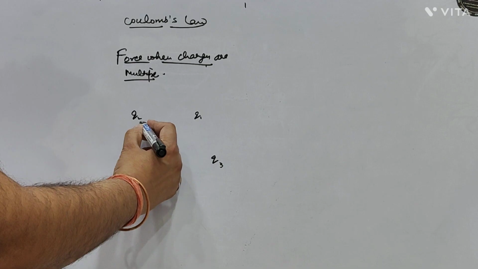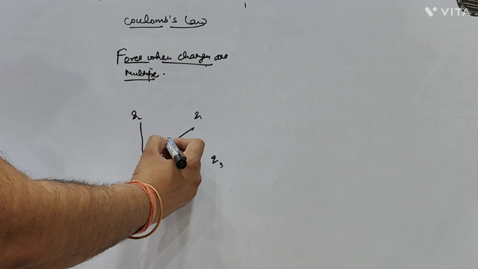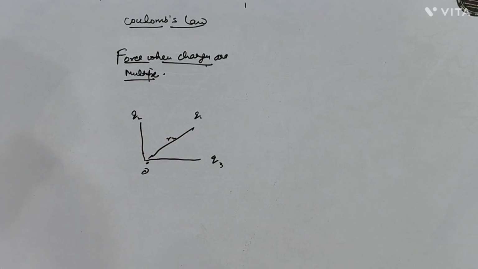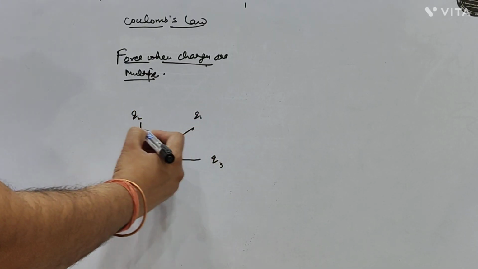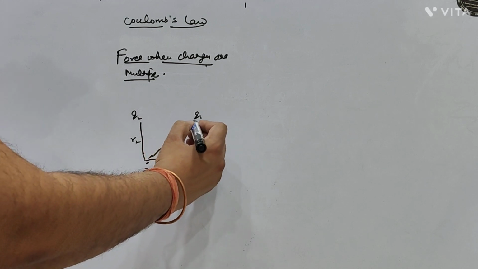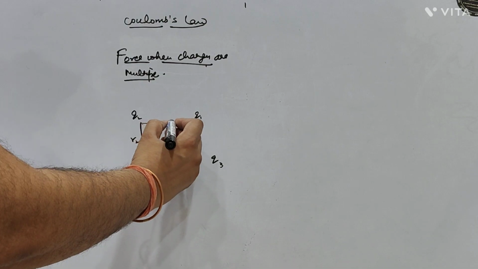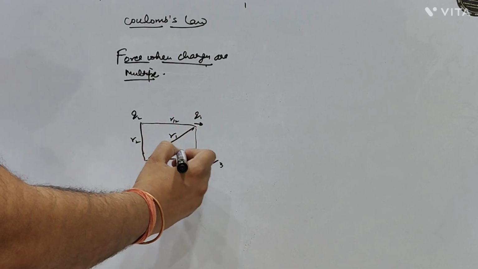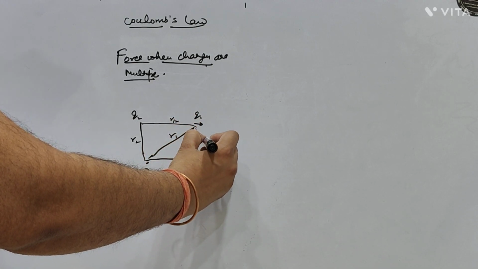This is the origin, this is the position vector r1 for charge q1, r2 for charge q2, and r3 for charge q3. The force acting on q1 by q2 has direction r12, and by q3 on q1 is r13.